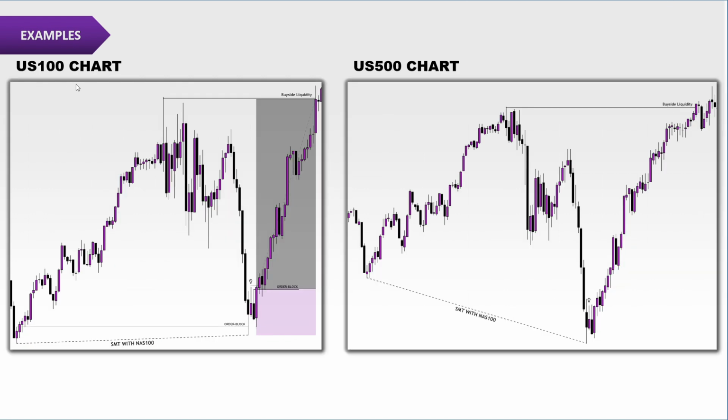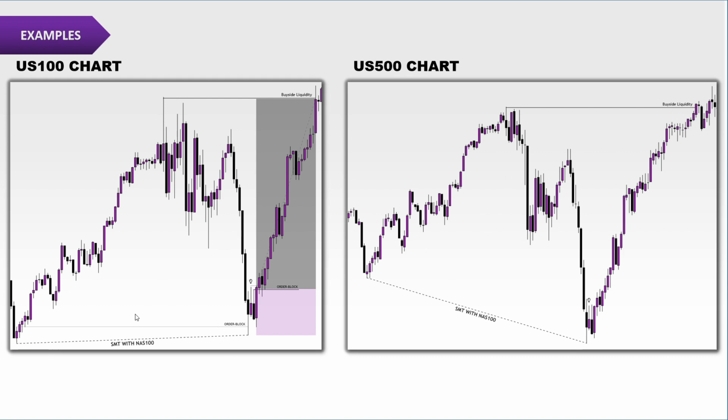This is the US 100 chart, and there you can see the US 500 chart. We have the swing failure on NAS 100 or US 100, and we have the failure swing on US 500. I just wrote NAS 100, but it is US 500. Keep that in your mind. So this is what we call SMT divergence.